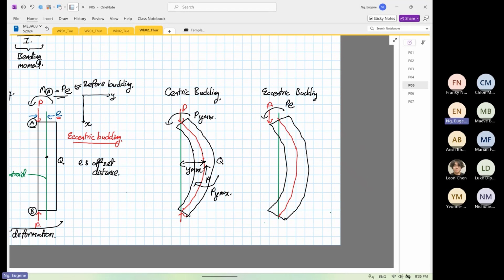So now we have a point over here, and then we have another Y max at point Q. So the moment at point Q is equal to P multiplied by E, and then plus P multiplied by Y max.